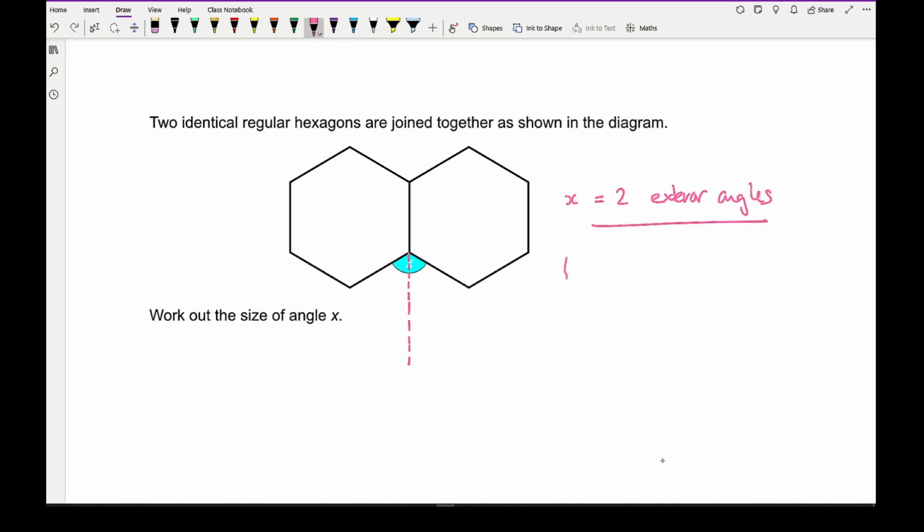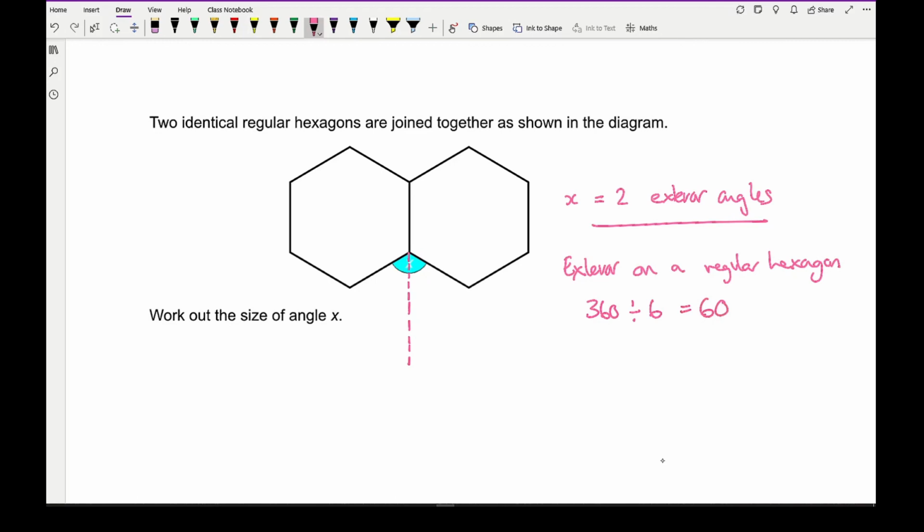Now to work out the exterior angle on a regular hexagon, all I need to do is do 360 divided by the number of sides that it's got, which in this case is 6, which is 60 degrees.